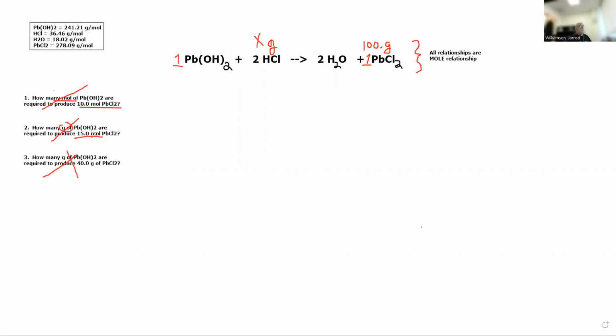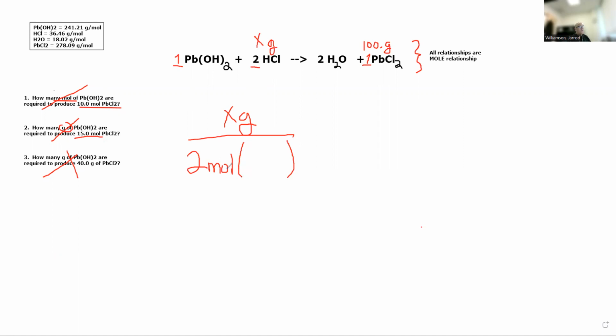Well, this is in gram relationships, but this too is in moles. So I'm going to write X grams of HCl over 2 moles, because of this 2 right here. And that's in moles. But I need to turn that moles into grams.